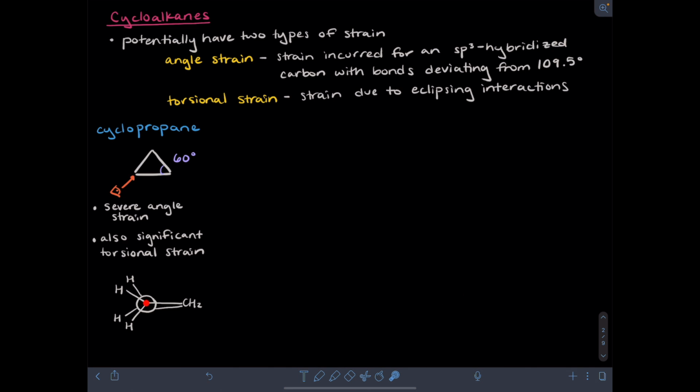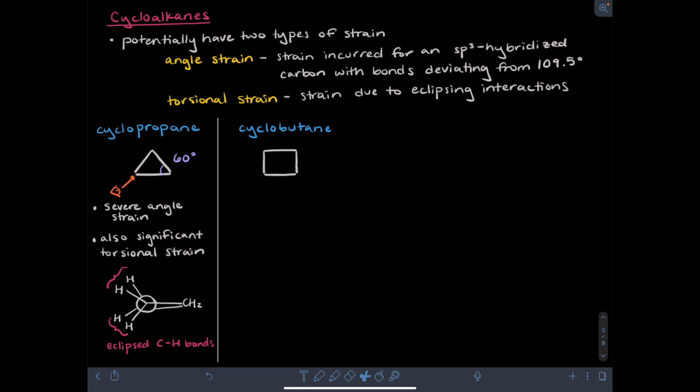I have a front carbon and a back carbon, and connected to both of these is a separate carbon that's drawn as a CH2 group here. Notice that the hydrogens on the front and the back carbons are eclipsing each other. This is unfavorable, and it's one of the reasons that cyclopropane is so strained, in addition to the angle strain.